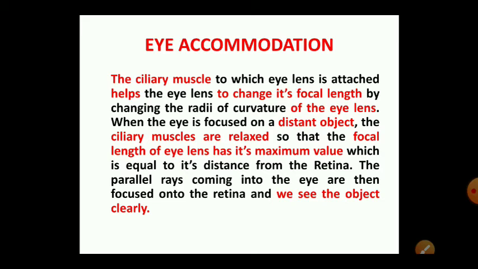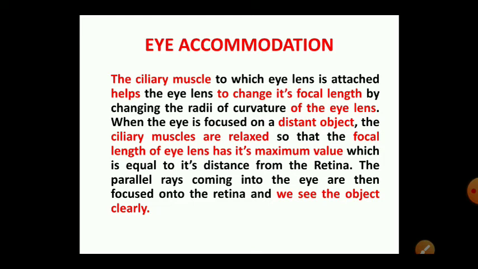When the eye is focused on a distant object, the ciliary muscles are relaxed, and the radius of curvature and focal length of our eye lens get their maximum values. The focal length then becomes 2.5 centimeters, which is equal to the distance from eye lens to retina.